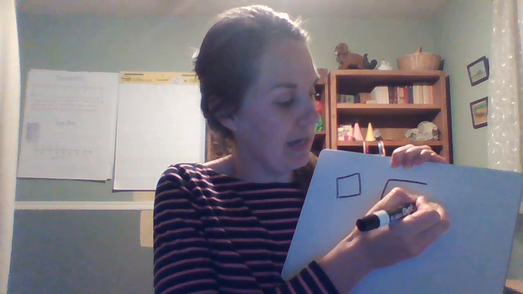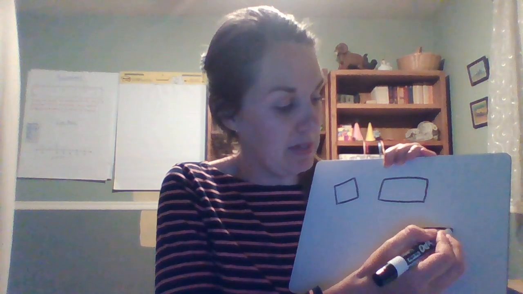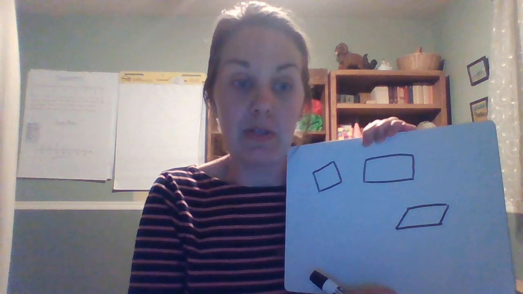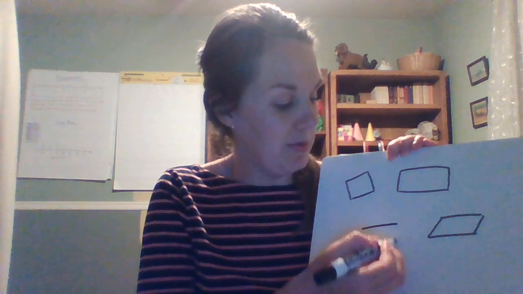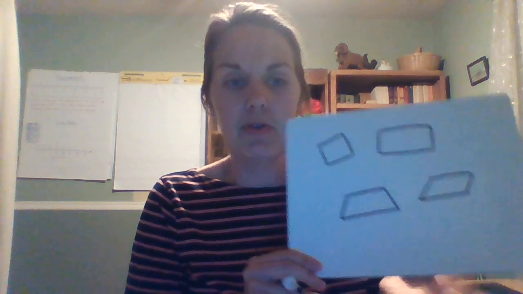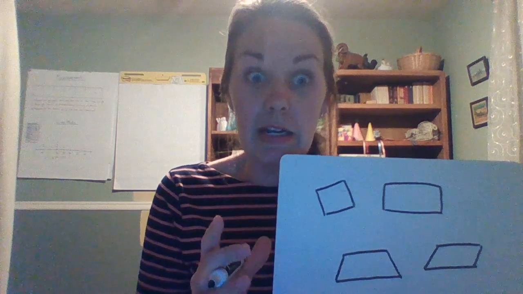You could have rectangles with 2 pairs of equal sides and all right angles. You could have parallelograms that also have 2 sets of equal sides but no right angles. You could have trapezoids, which have 2 parallel lines and 2, yeah, I think that's the attribute. Anyway, you get the idea.